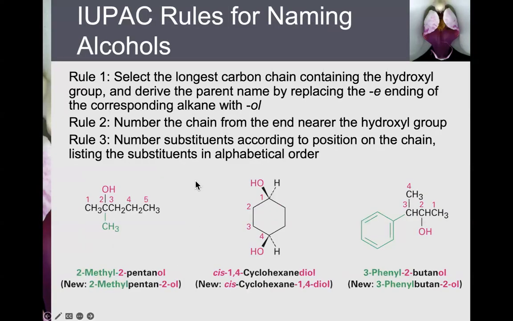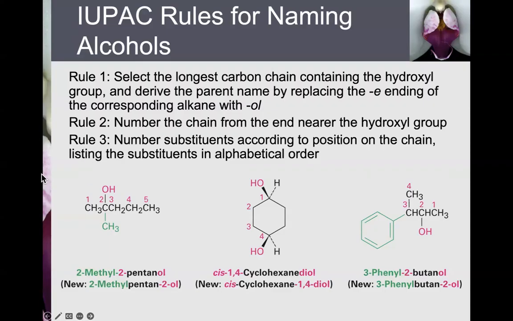And for naming alcohols, there are three rules. You need to remember that the last letters for alcohol are OL, so replace the E in alkane with ol. The first rule is the usual: select the longest carbon chain containing the hydroxyl group and derive the parent name by replacing the E ending of the corresponding alkane with OL.